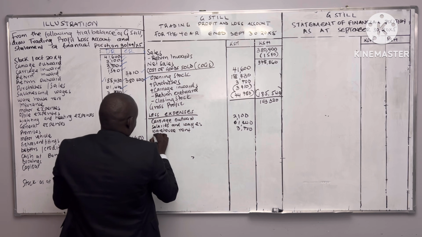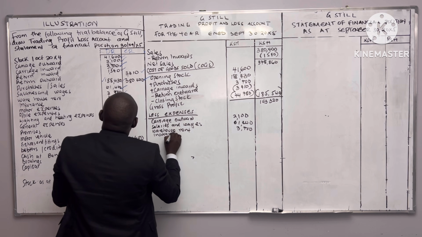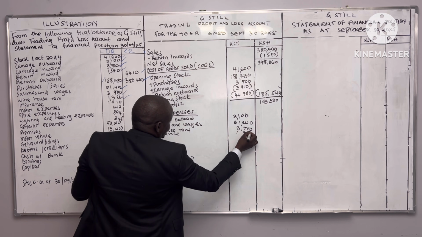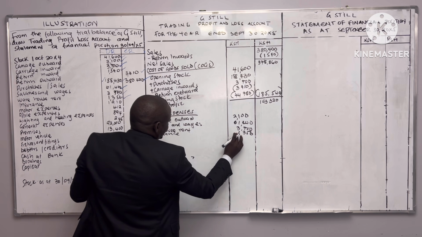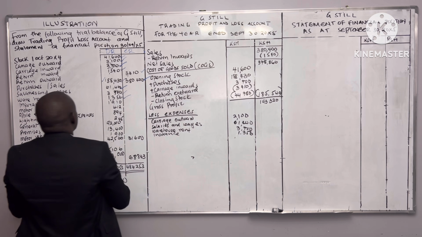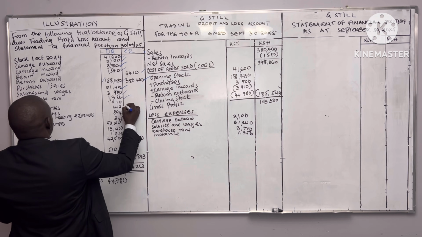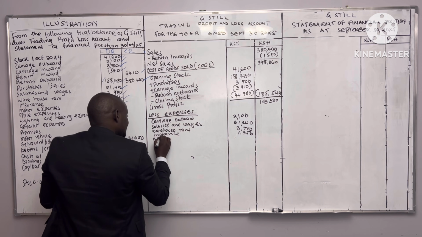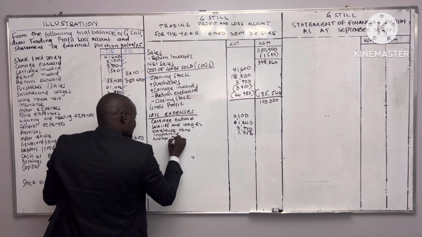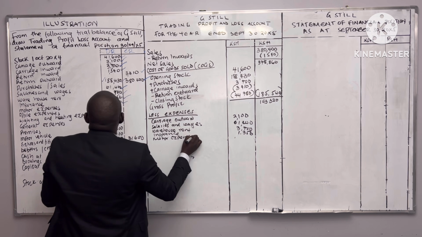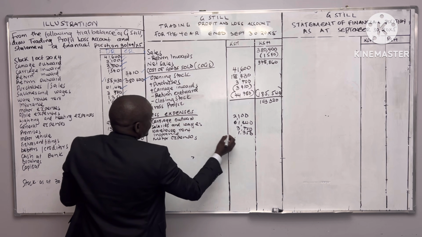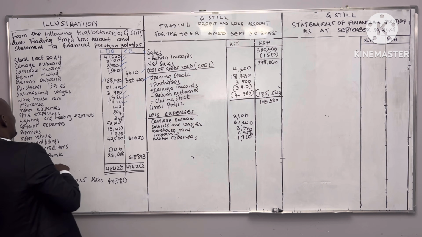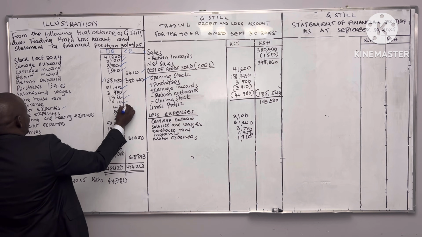Insurance, 1,356. Motor expenses, 1,910. So we have posted that.